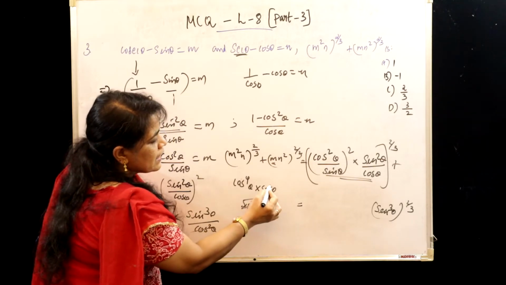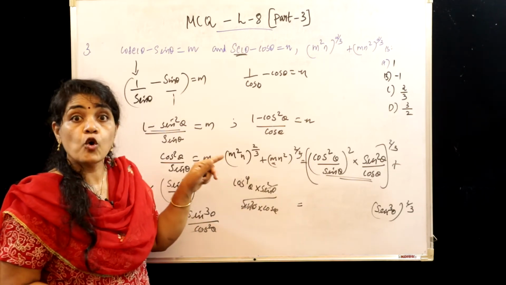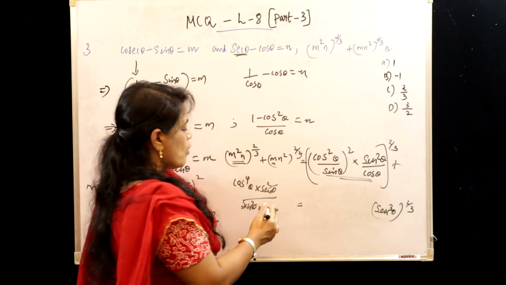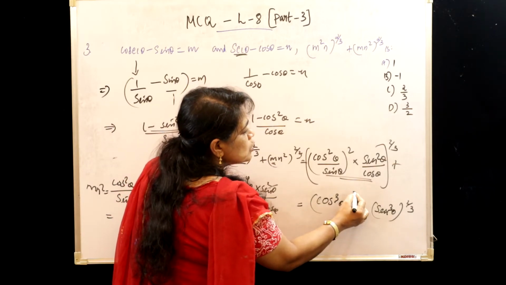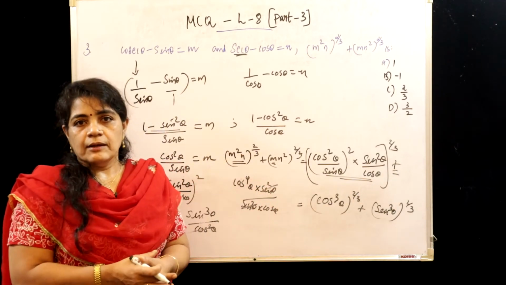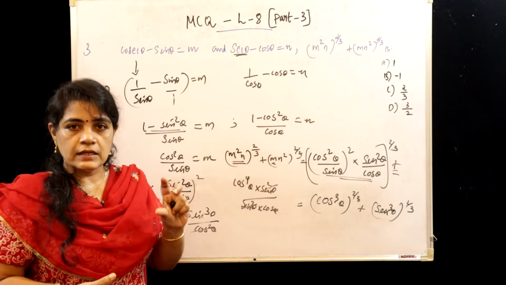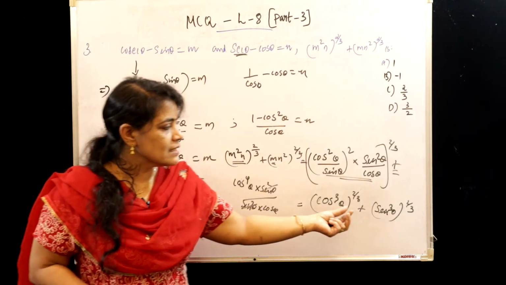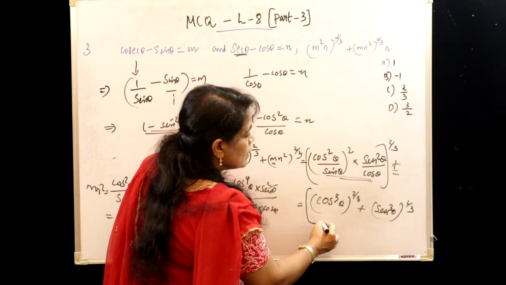So sin square theta and this sin square theta get cancelled. Cos theta and cos raised to 4 become cos cube theta. Okay, that is m square n reduced in the form cos cube theta whole raised to 2 by 3, plus mn square, which we have seen is sin cube theta, whole to the power 2 by 3.